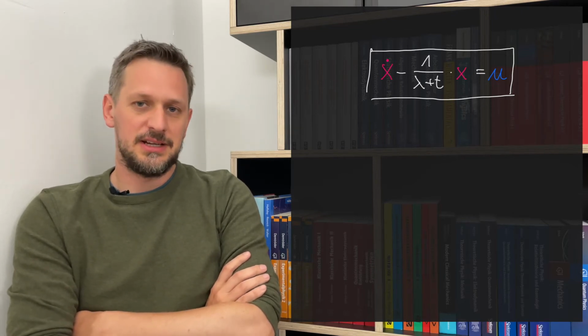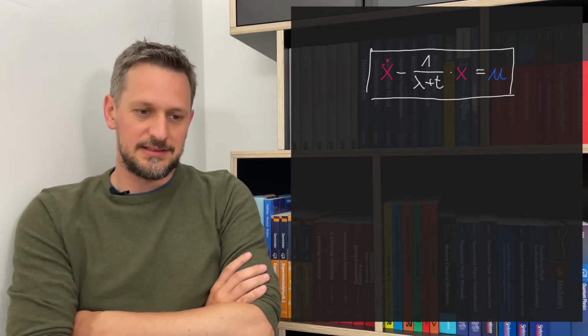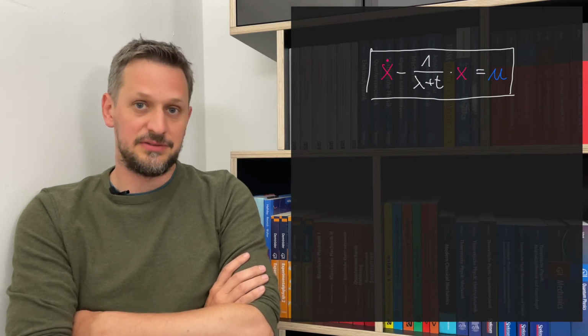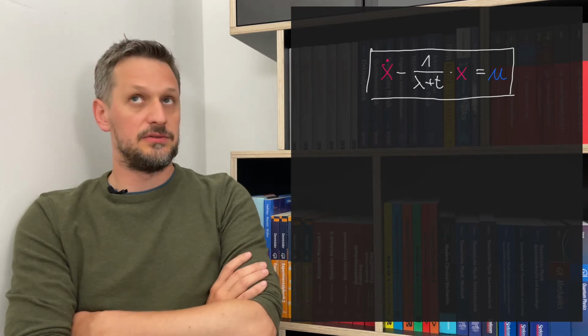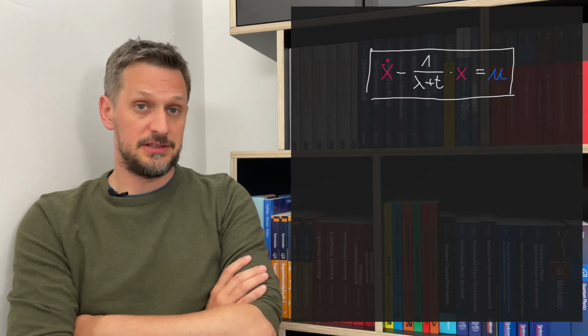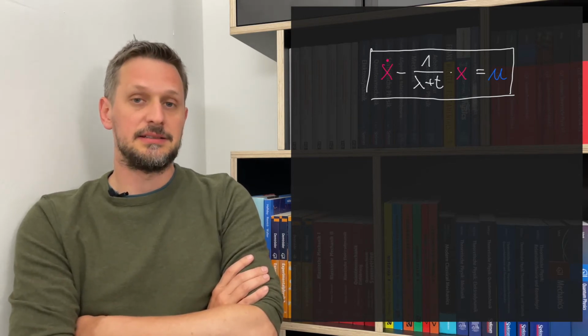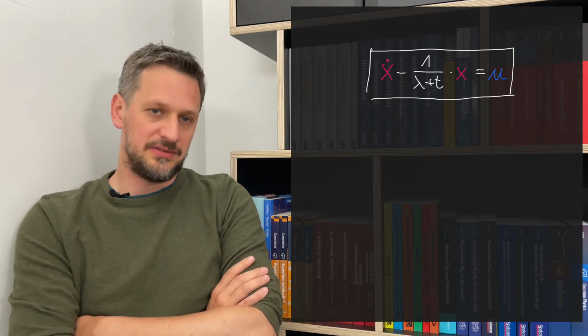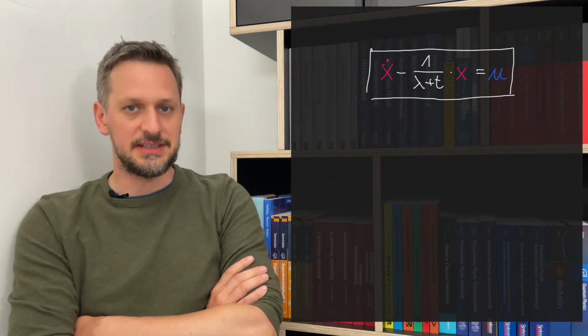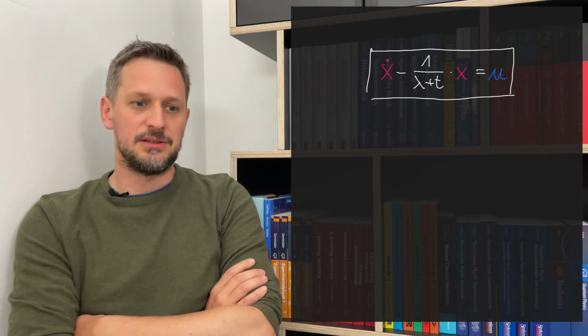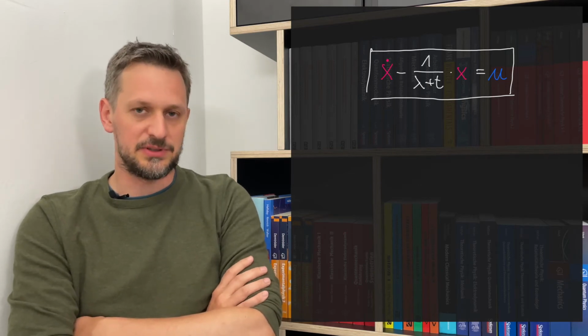So all we have to do now is solve this equation, and then we will have the full information we desire. Unfortunately, the equation that we got is a so-called differential equation, meaning that it does not only contain our variable x, but also derivatives of this variable. So in this case, a first derivative.